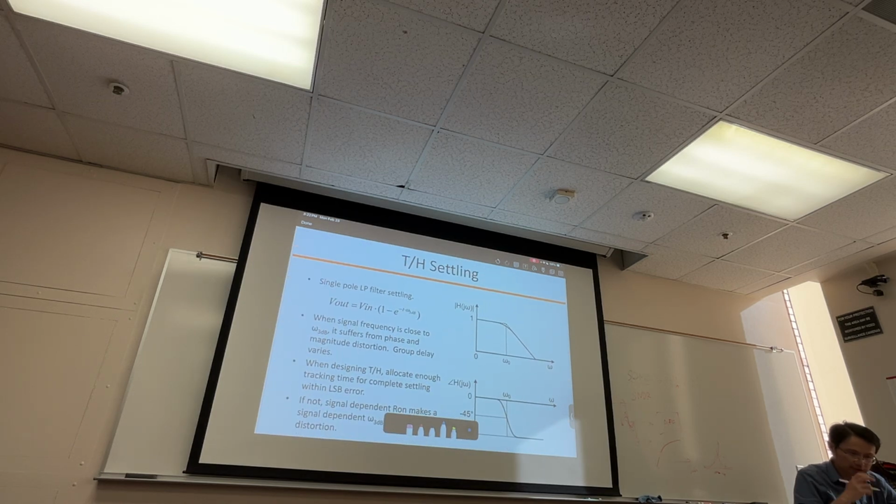So this is what we call the track and hold circuit settling behavior. What I'm going to do is give a step function to the track and hold circuits. Usually this will characterize how fast your track and hold circuits can really cycle.